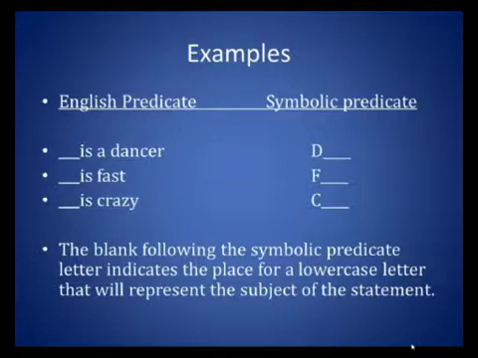So for instance, in the first example, I have D blank. If my sentence was "Kingard is a dancer," then I would have a lowercase k with the uppercase D. I'll show you a few of these in just a moment. But the notion here is that the English predicate will be symbolized by a predicate letter, and the predicate letters are A through Z capital.